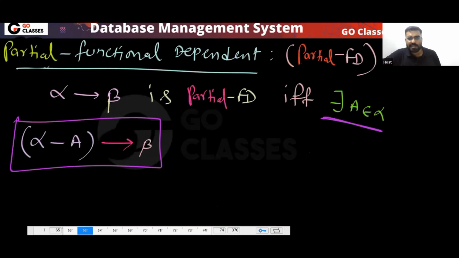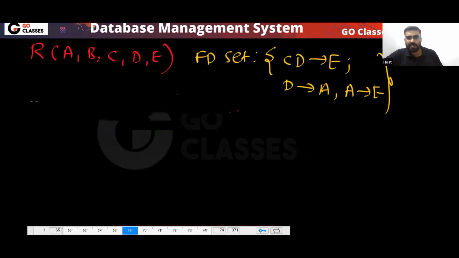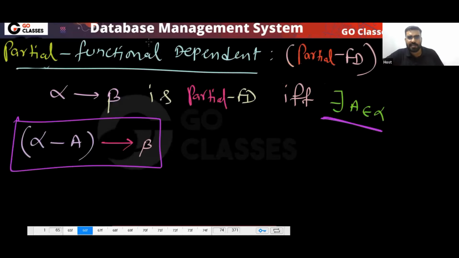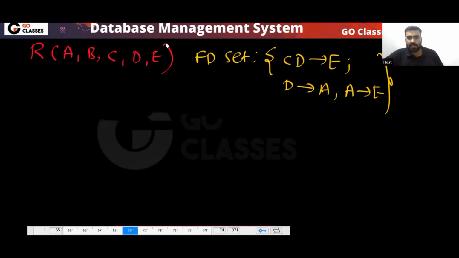Tell me, in the definition of partial functional dependency and full functional dependency, did we use the word candidate key? I did not use it. Now some questions I am asking you, back to back.